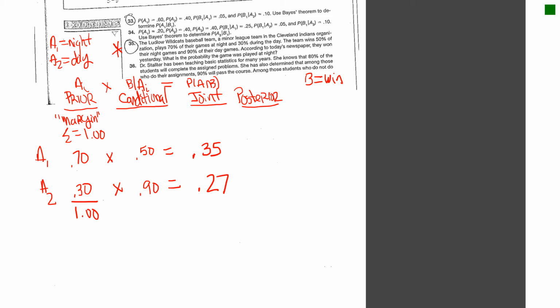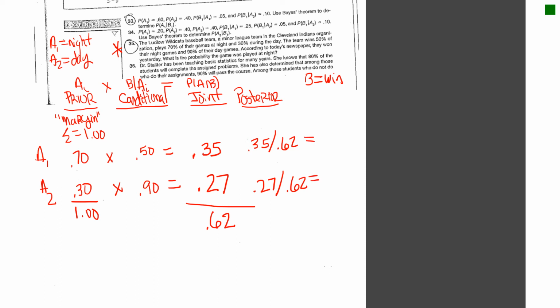Now, at this point, Bayes' theorem kicks in, and it says you want to add up your joints. So if you take 0.35 and add 0.27, you're going to get 0.62. I'm going to put that right here as 0.62. That's basically the sum of your joints. And then the very last step, the posterior, which sometimes they refer to as the updated probability, you simply take 0.35, divide by 0.62, and you take 0.27 and divide that also by 0.62.